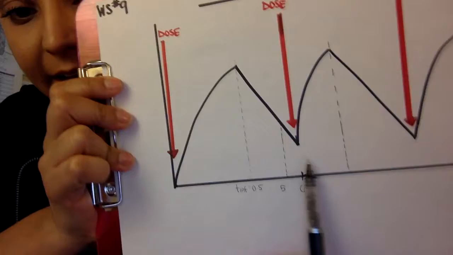And then the trough was checked at 5 o'clock, which is an hour before the dose was given, and you are given the concentration to be 10 milligrams per liter. Then we're also given a peak at 26 milligrams per liter.